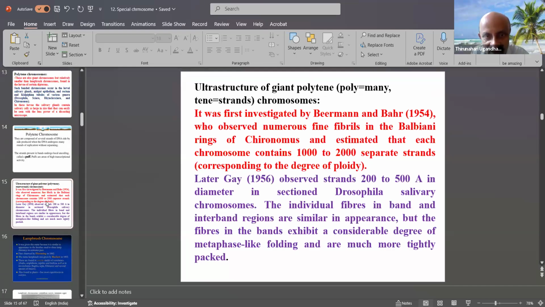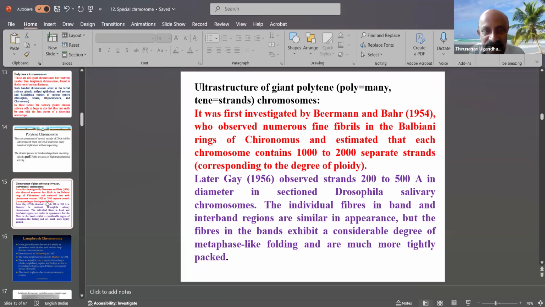This was first investigated by Beermann and Bahr in 1954, who observed the numerous fine fibrils on the banded rings of Chironomus and estimated that each chromosome contains 1,000 to 2,000 separate strands.